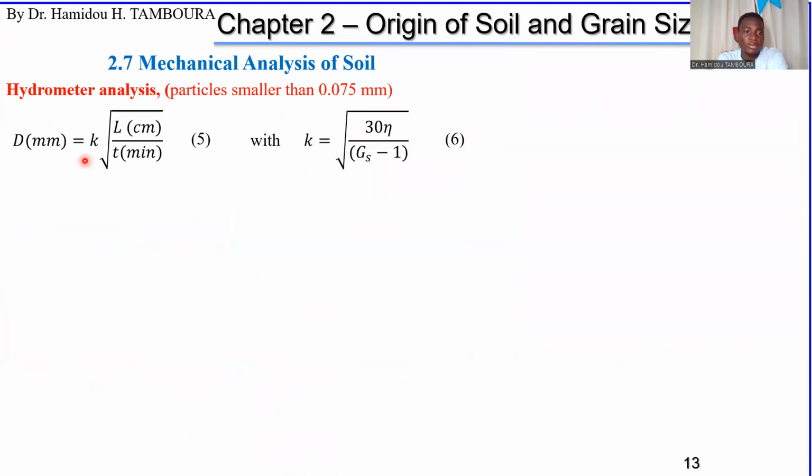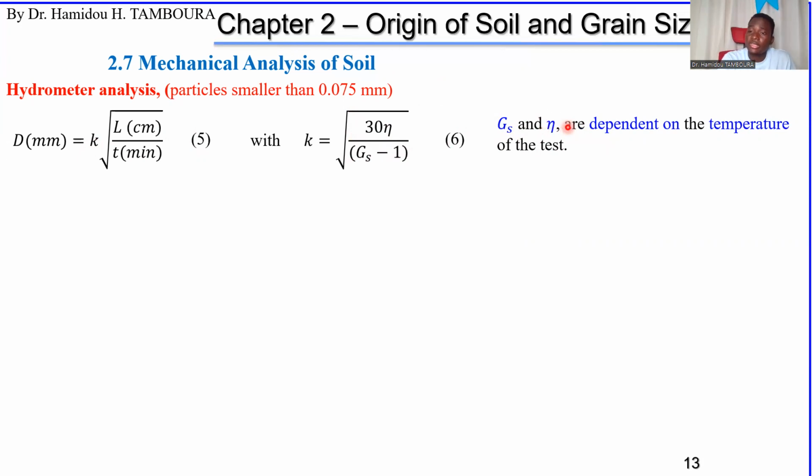I put this formula here because we'll use it again. The specific gravity and the viscosity of the water, of the liquid, depend on the temperature of the test. So you should know at which temperature you are conducting your experiment.